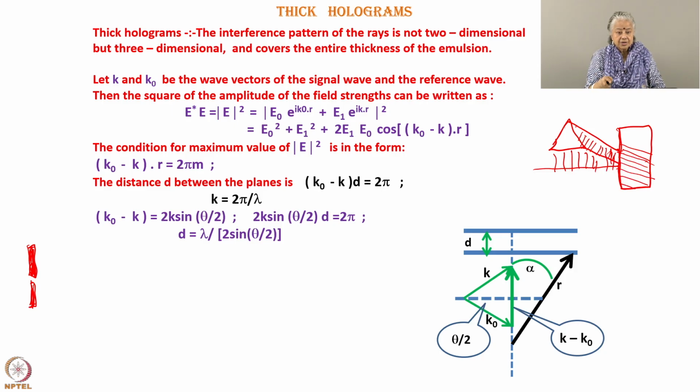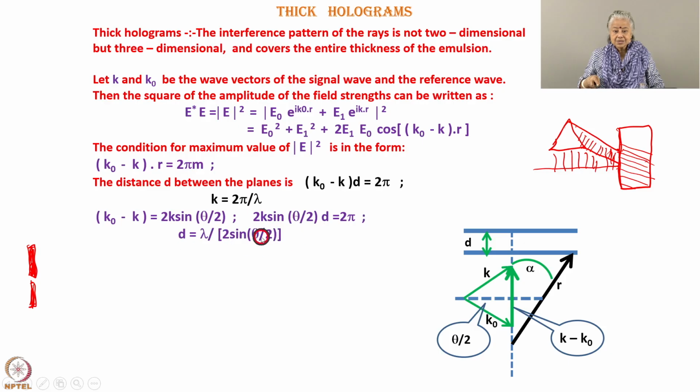So, k0 is 2 pi by lambda and k is 2 pi by lambda. So, k0 minus k is 2 k sine theta by 2. Theta by 2 comes out to be this. So, it is the angle between the two wave fronts. So, finally, d is equal to lambda by 2 sine theta by 2.